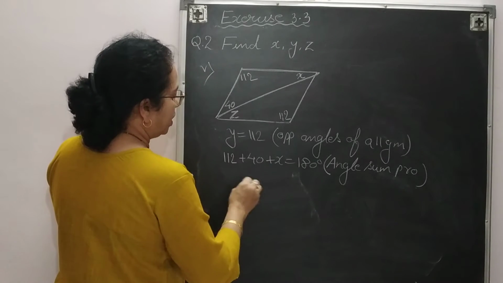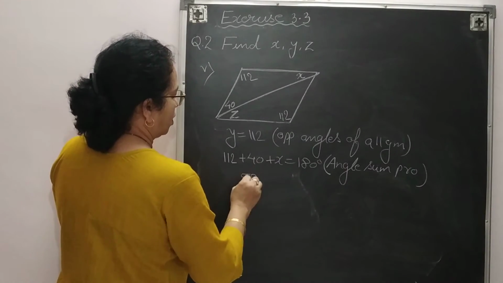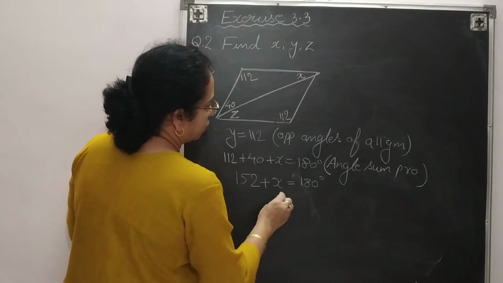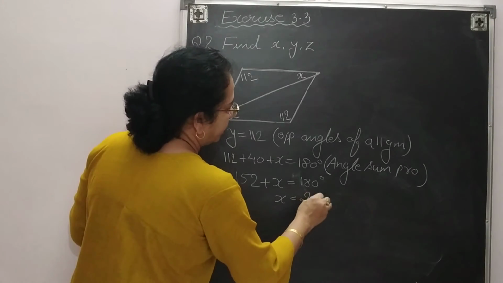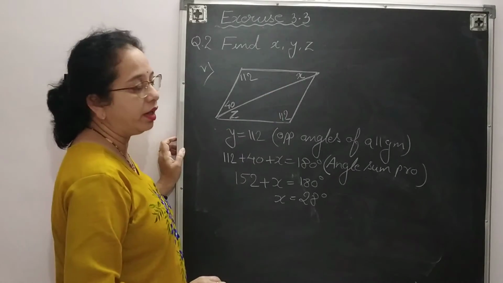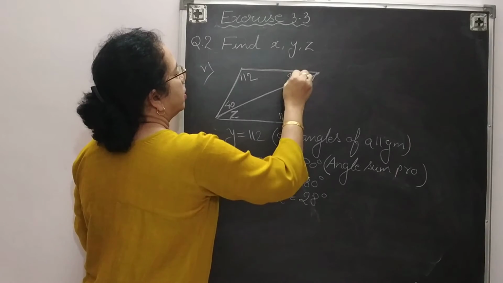So now this will give you 152 plus x is equal to 180 degree. So subtract from 180 degree, you will get 28 degree. So what is the measure of angle x now? 28 degree.